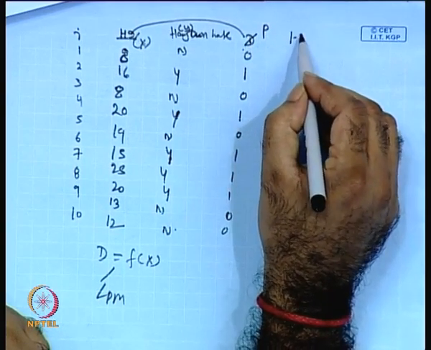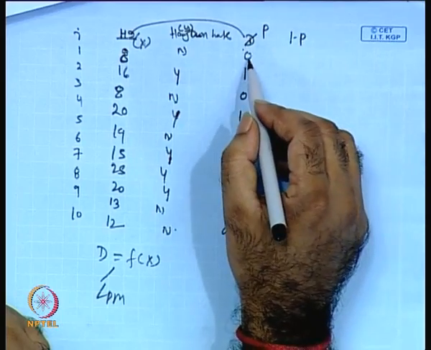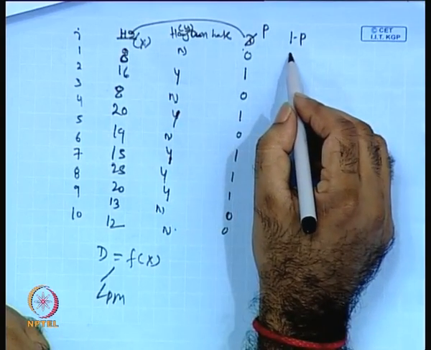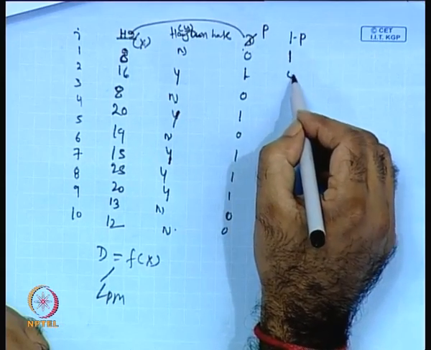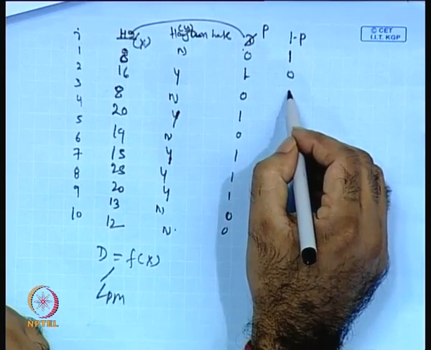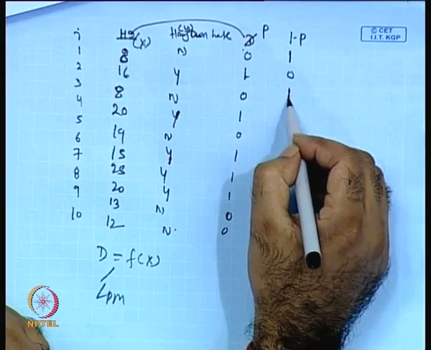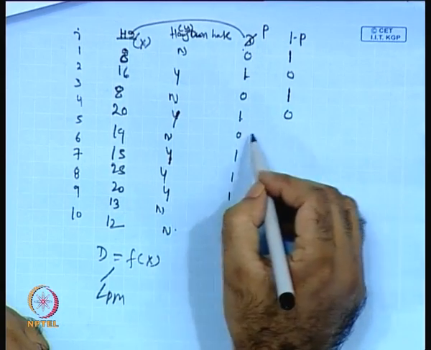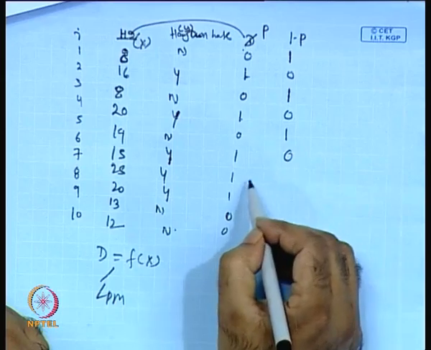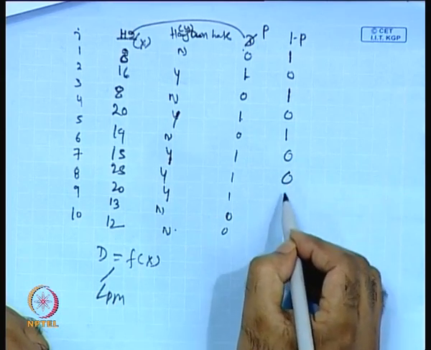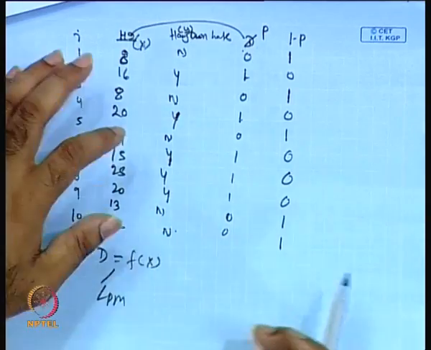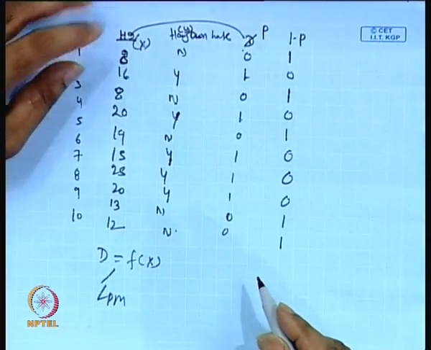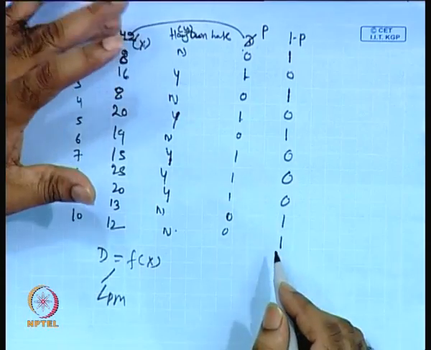Then we have to define 1 minus p. So, 1 minus p is just the opposite: where p is 0, 1 minus p is 1, and where p is 1, 1 minus p is 0. So p is this much, and 1 minus p is this much.